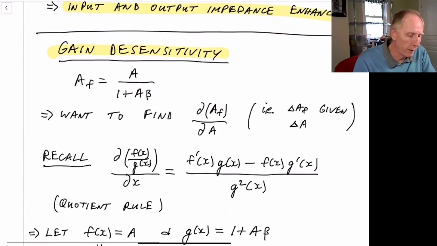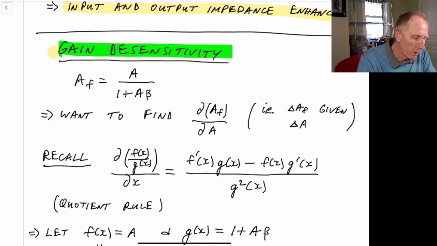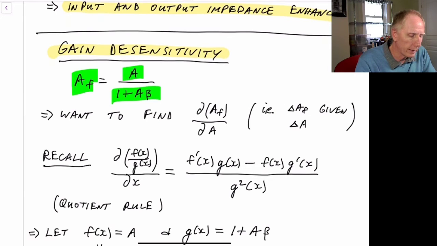So let's start off and look at gain desensitivity. We have from above that the closed loop gain is equal to A divided by 1 plus A beta.